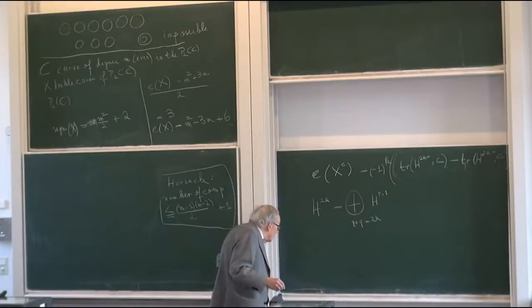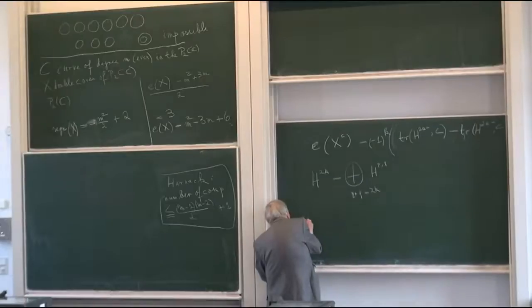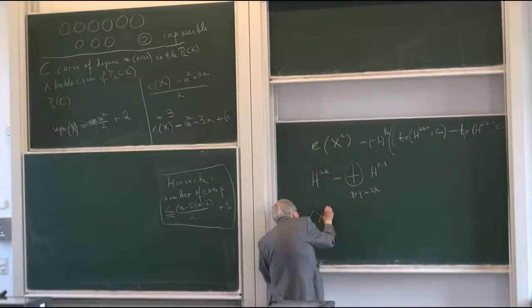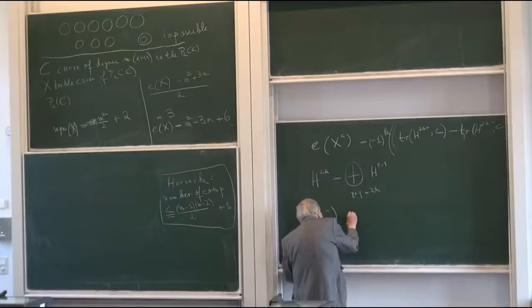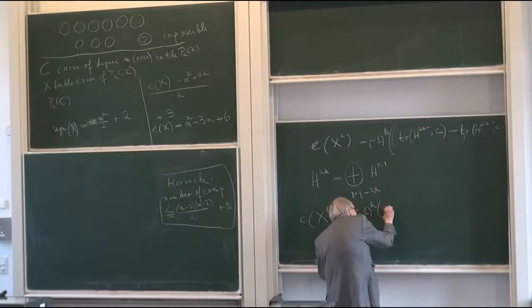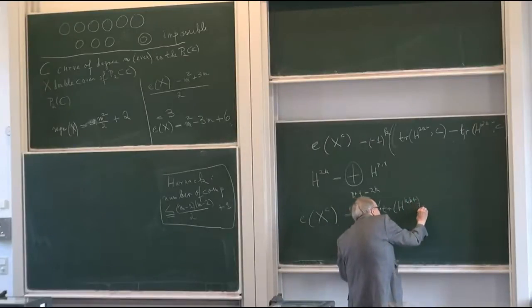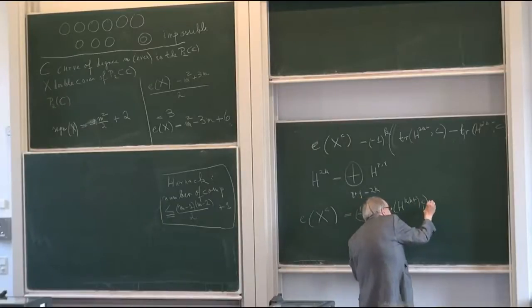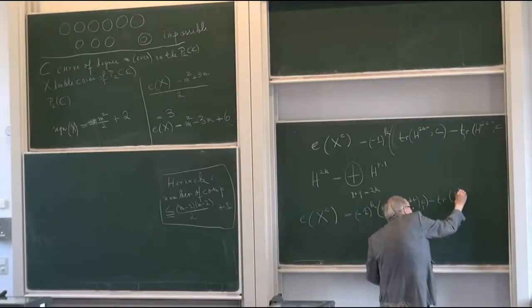So we now can improve our fixed point theorem in the sense that the Euler number of xc, the Euler number of the fixed point set, is equal to minus 1 to the k, and then we can write here the trace on HKK plus minus the trace on HKK minus.